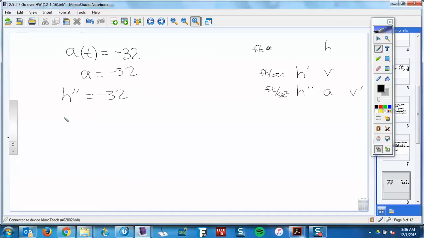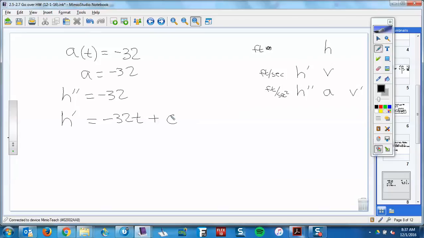Now, I want to write h prime. I want to do the antiderivative of that. I want to solve this differential equation. Now, to solve it, I actually have to go to h, the original function, so I'm going to have to do the antiderivative twice. So what's the antiderivative of negative 32? Negative 32, we're going to use t instead of x, plus some c. Now, what is that c?